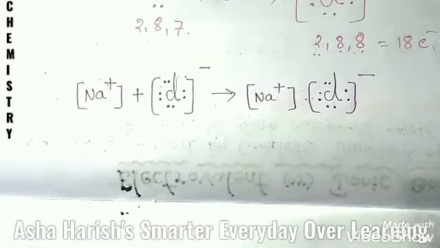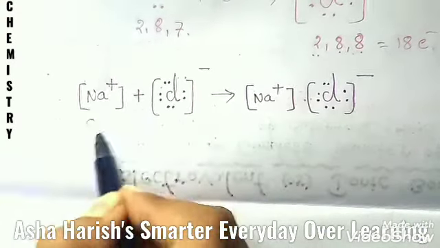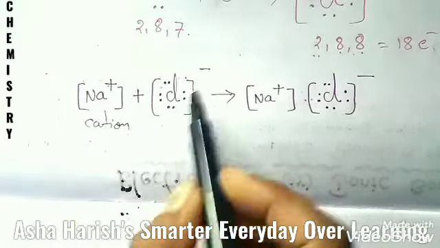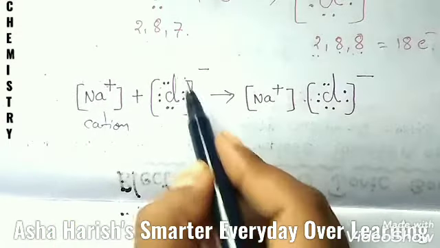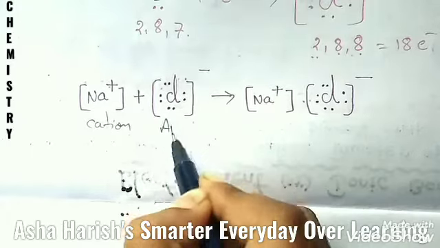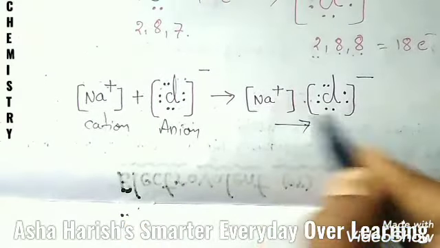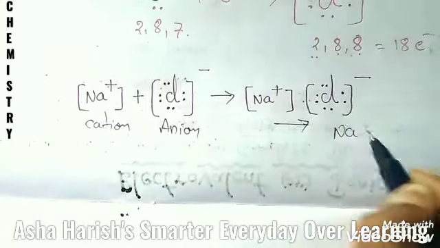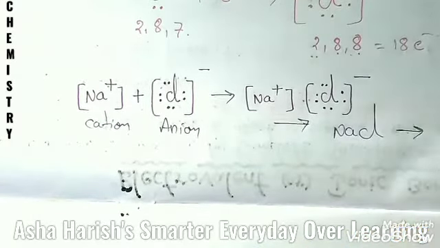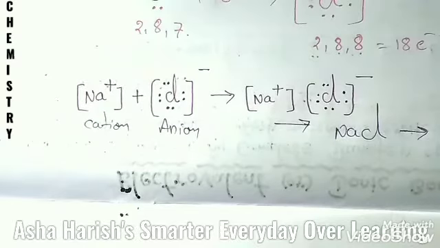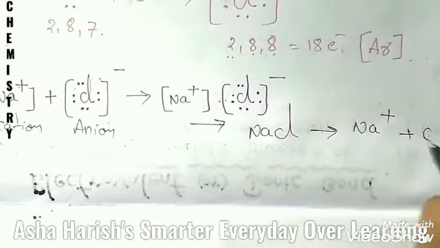The formation of NaCl: Na+ ion, this is the cation, and students, Cl- ion, which has 8 electrons here, that is the anion, and the combination of these two ions forms NaCl. It can be decomposed into Na+ ions and Cl- ions.